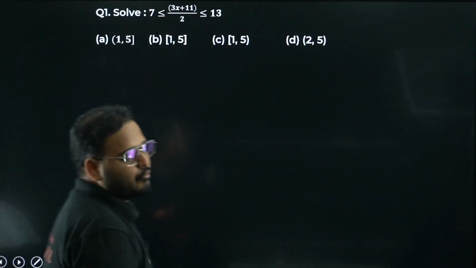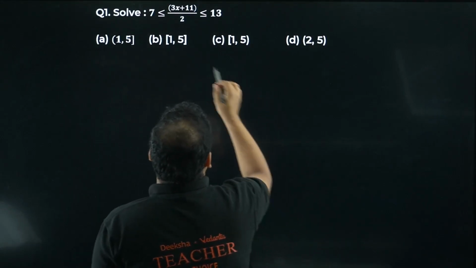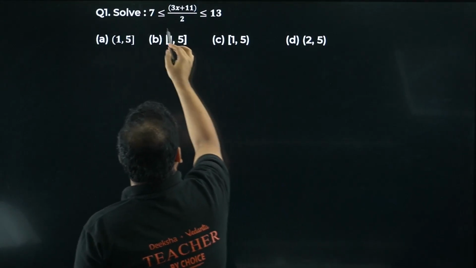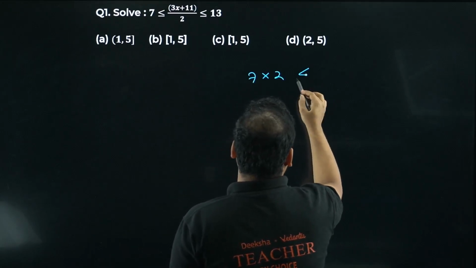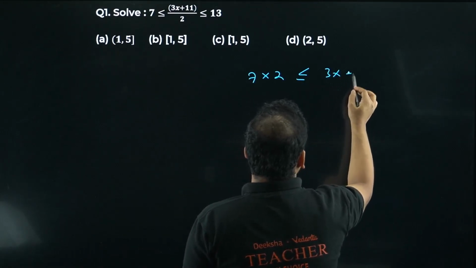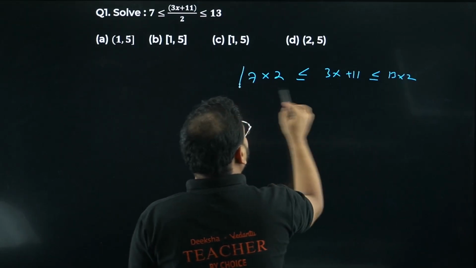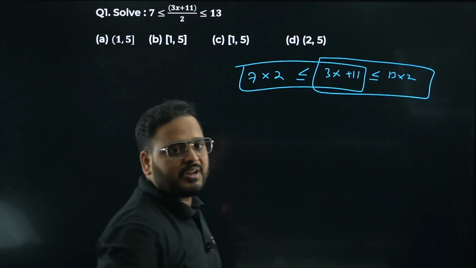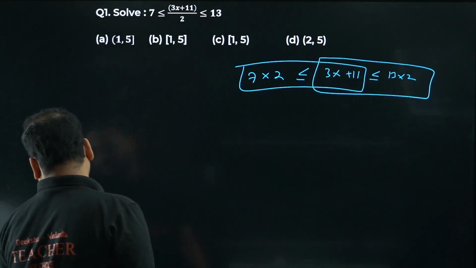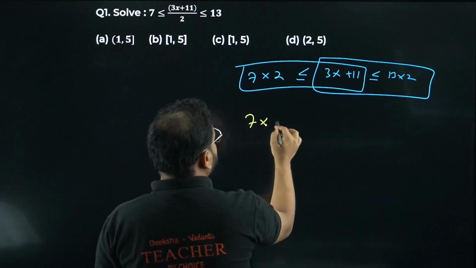So we have question number 1. Let's solve this question and get the answer. This is a compound inequality, right? So we can cross multiply: 7 into 2 less than or equal to 3x plus 11, less than 13 into 2. Now we'll take each of the inequalities one at a time. For the first one, 7 into 2 is 14.